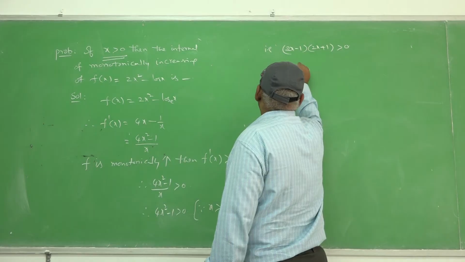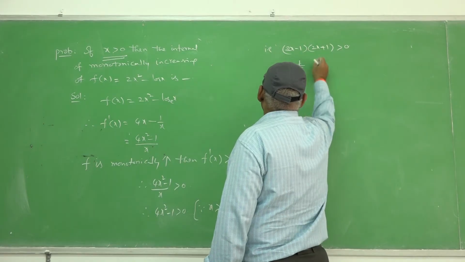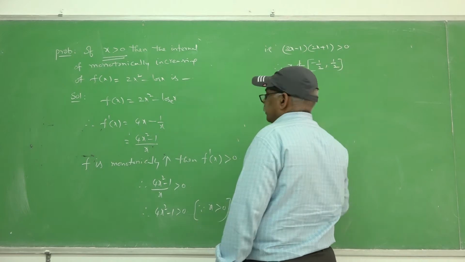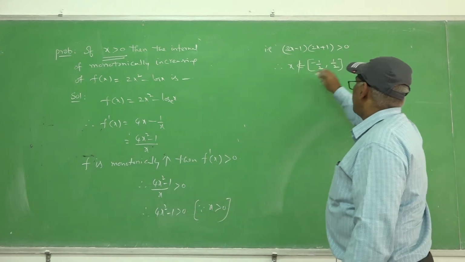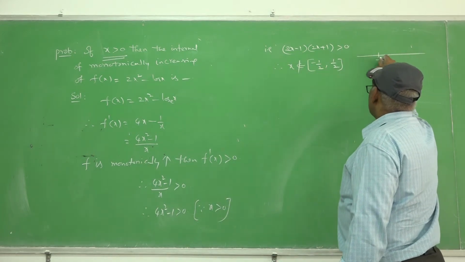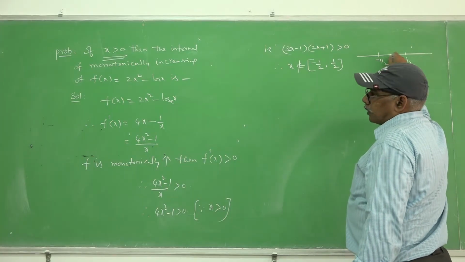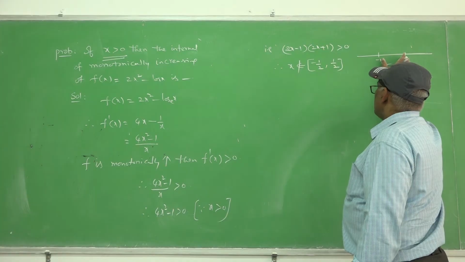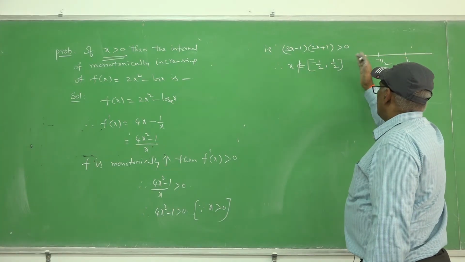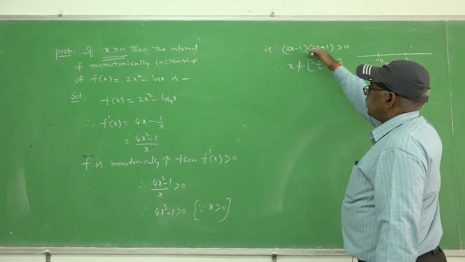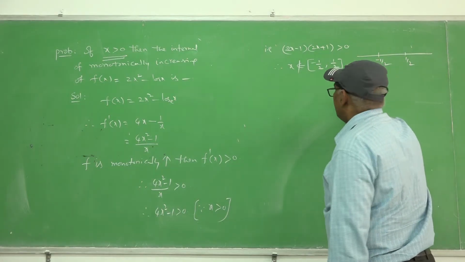So, therefore, x does not lie between minus 1 by 2 and 1 by 2. This inequality is valid whenever x does not lie within the interval. Once x does not lie in between these values, either x less than minus half or x greater than half, only then is this inequality valid.